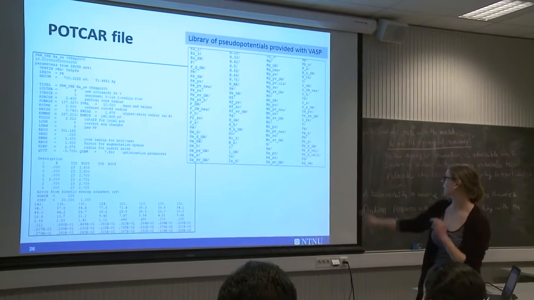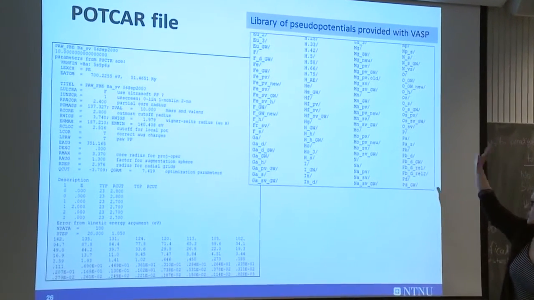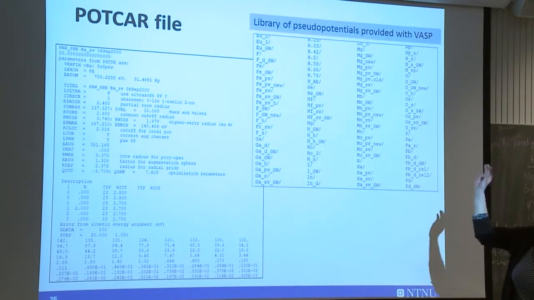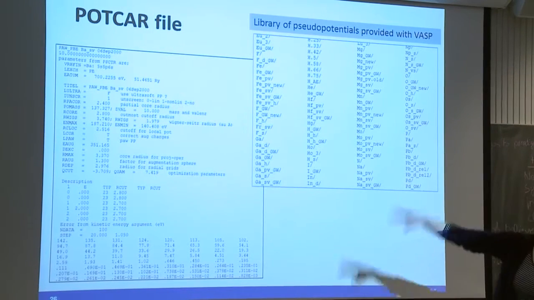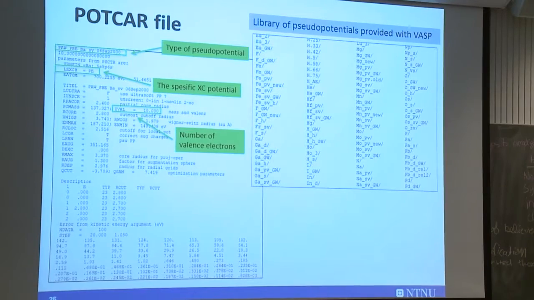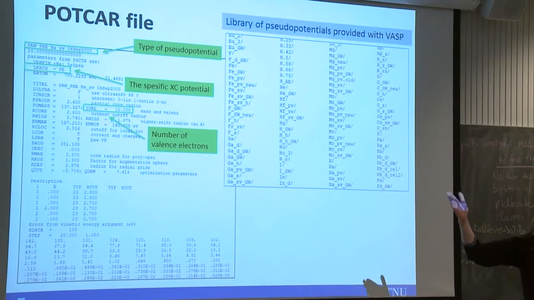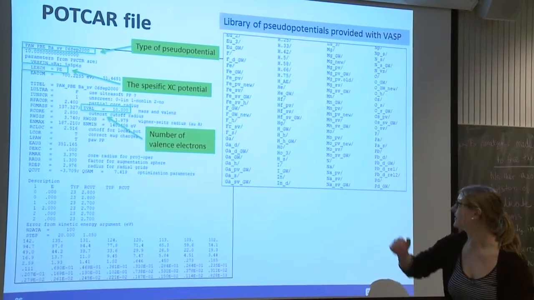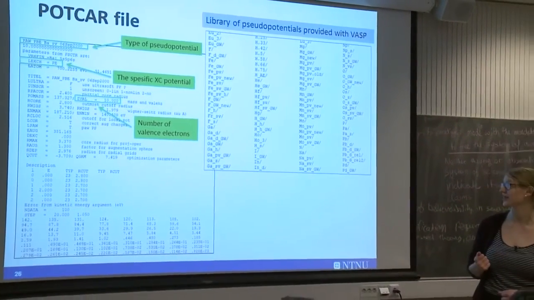POTCAR file. So in VASP, you get a big library, so you have pseudopotentials for all the different elements in the periodic table. And so you just copy paste all your elements into your POTCAR file, and you get a big file basically. It contains some stuff, for example, the type of pseudopotential, because sometimes you can choose, and here also the specific exchange correlation potential.